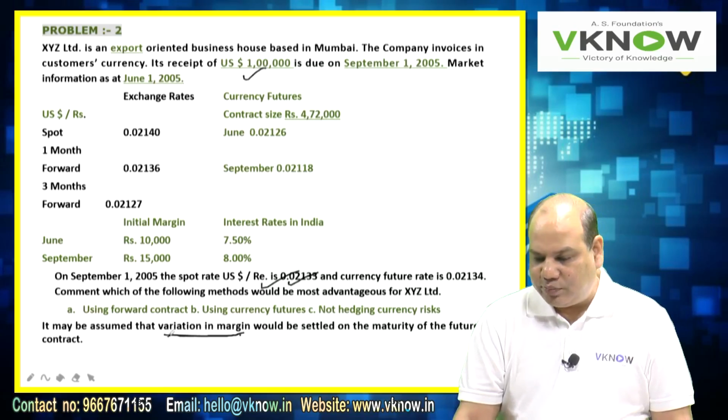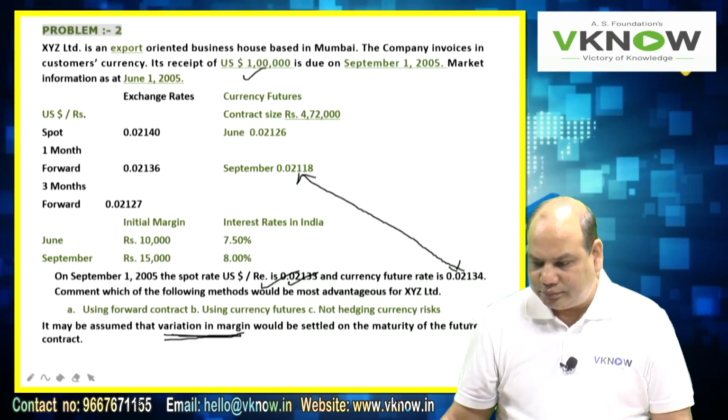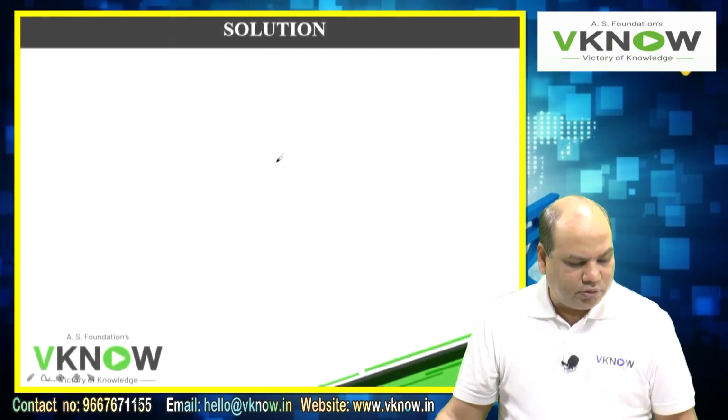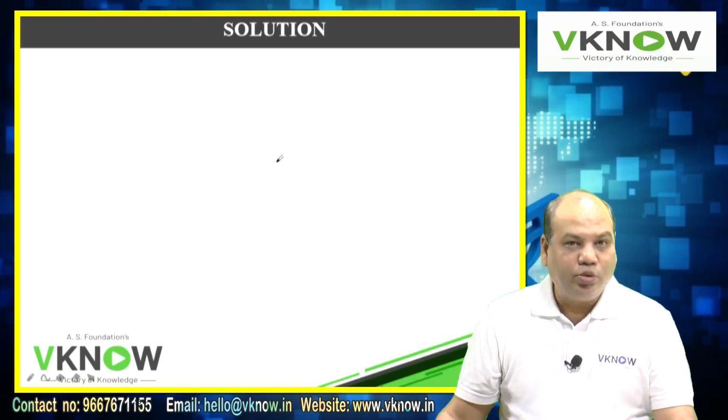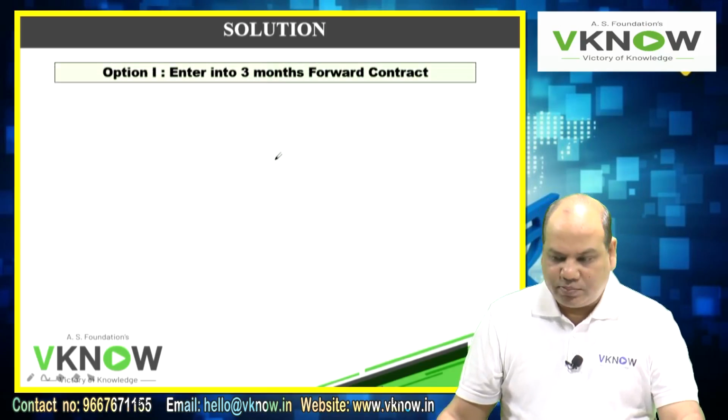But to keep the story simple, the difference will be settled on maturity. So let us start similar to previous question, and this time one more adjustment is given, initial margin, interest cost on that. Otherwise the problem was simple.